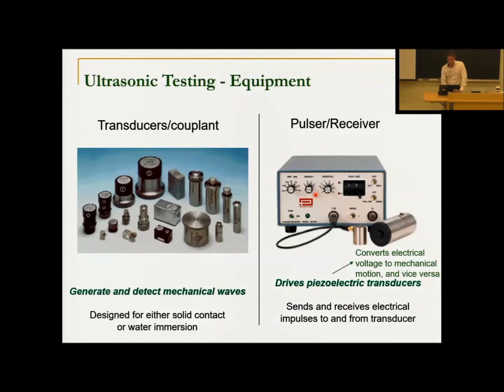Now, one critical issue with ultrasound is that you have to have an excellent physical contact between the transducer face transmitting the sound and the material of interest. If we have any air gaps at that interface, the energy will be reflected back into the transducer because of reflection, and we don't get the energy transmitted. So we have to have some sort of glue or coupling material which allows physical contact and allows the sound to propagate.